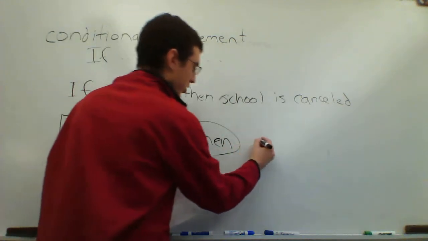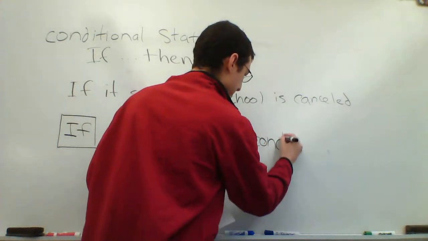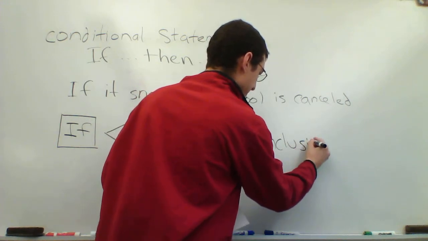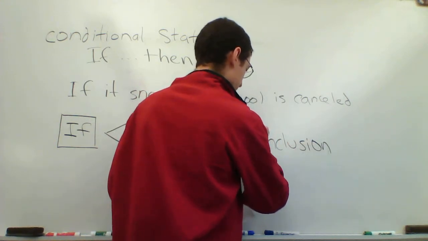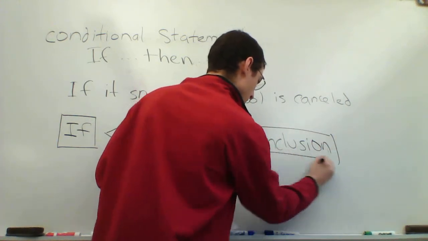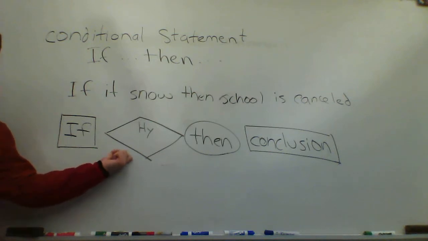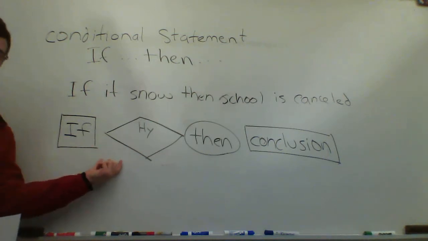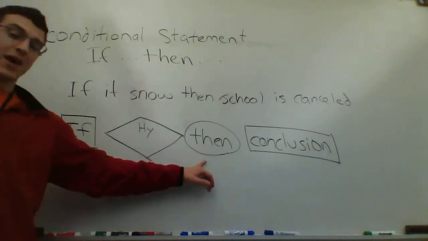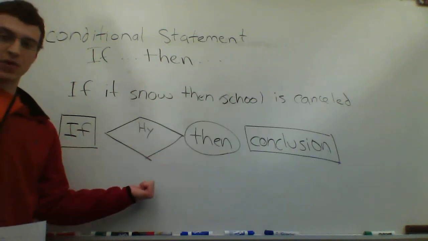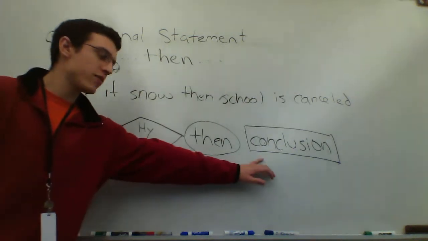And then there is your conclusion. So, every conditional statement has each of these parts. You start with an if, you move on to your hypothesis, which is always right after the if. Then you have your then, always right after the hypothesis. And finally, you have your conclusion.